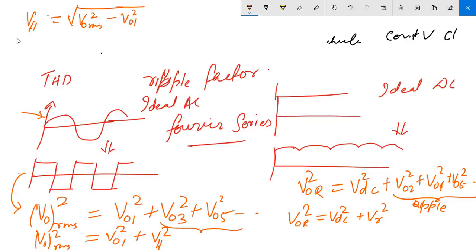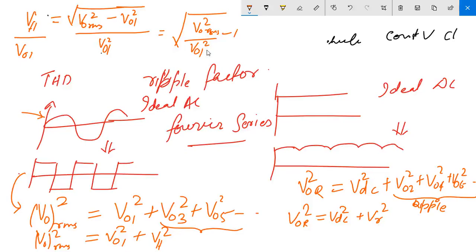And if you divide VH by V01, the whole division will be inside, and the whole bracket comes like this: V0 RMS square divided by V01 square minus 1.